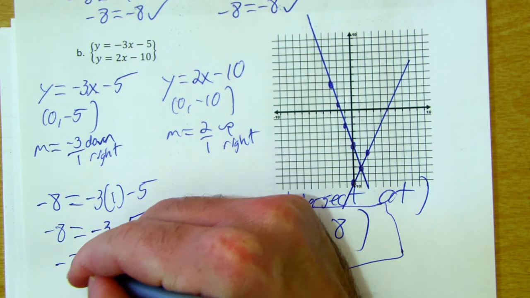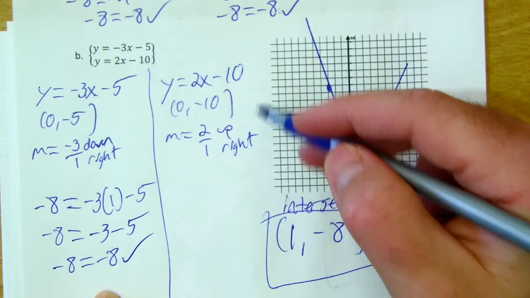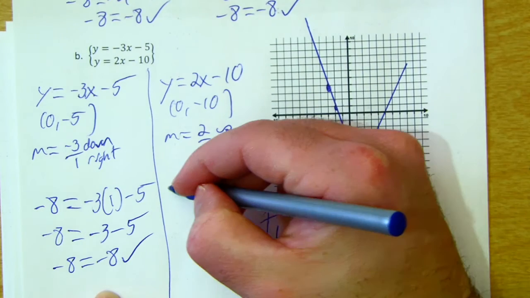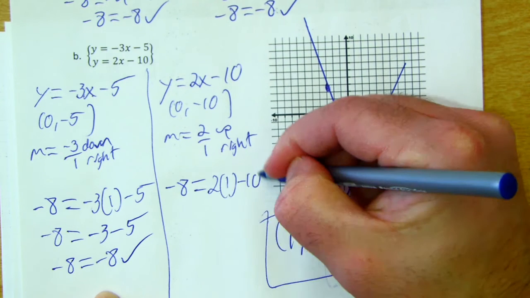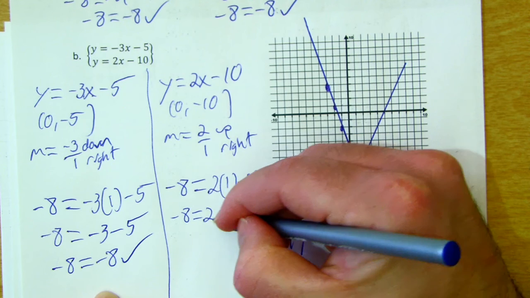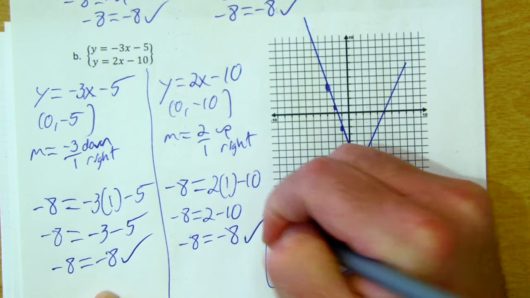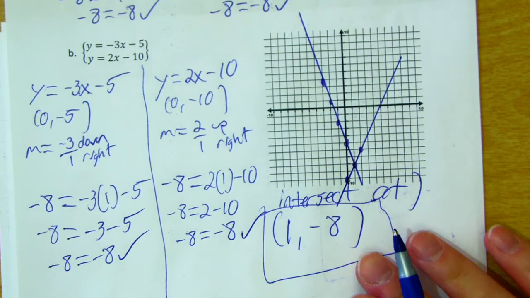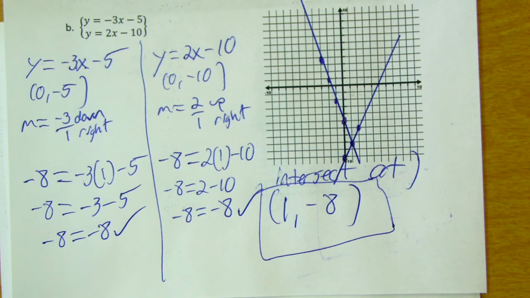So -8 equals -8. And we're good. All right, so it works in both. We get -8 equals -8, and -8 equals -8. So we're good to go.